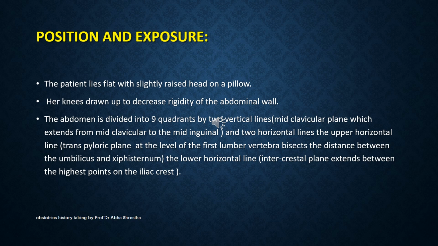The abdominal wall is divided into 9 quadrants by 2 vertical lines, the mid-clavicular plane, which extends from the mid-clavicular region to the mid-inguinal region, and 2 horizontal lines.